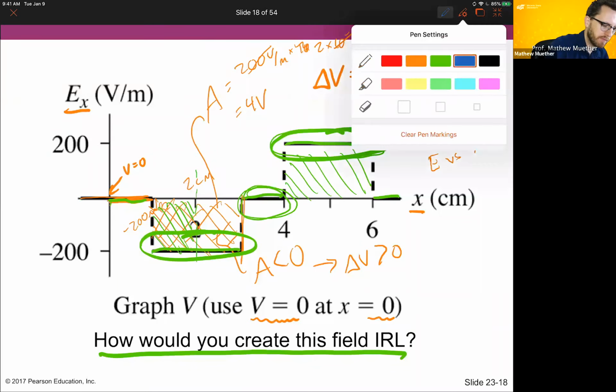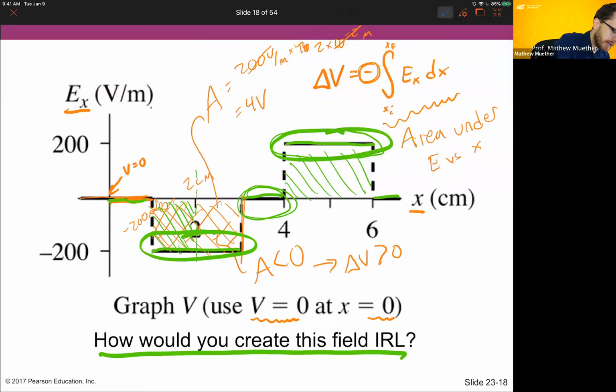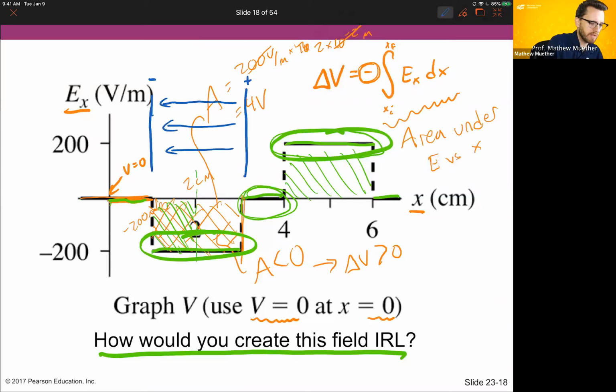Well, I could configure something like this. I could have a set of parallel plate capacitors like this. Here I see the electric field is negative, so it should point towards decreasing values of x. So if I had a positively charged plate here and a negatively charged plate here, I would have an electric field that pointed back like this, right? I would have a negative value of electric field.